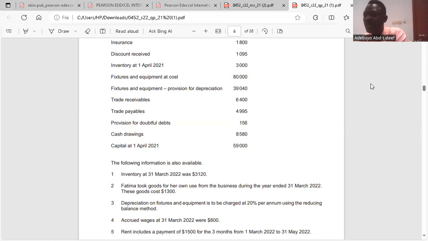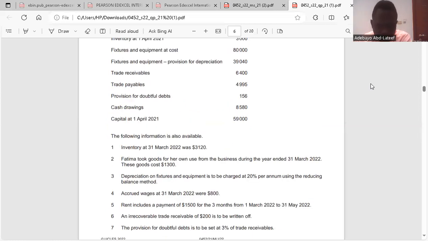That is done. Then we have irrecoverable debts. They said an irrecoverable trade receivable of $200 is to be written off. So we have irrecoverable debts of $200, which is also an expense.